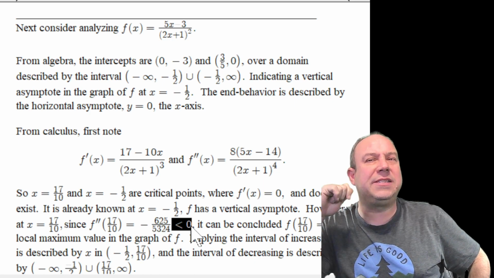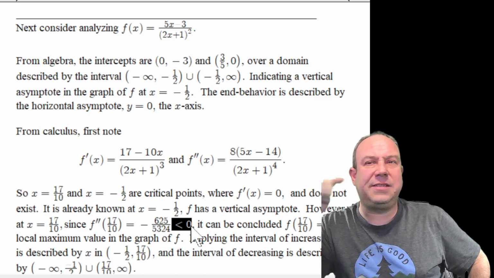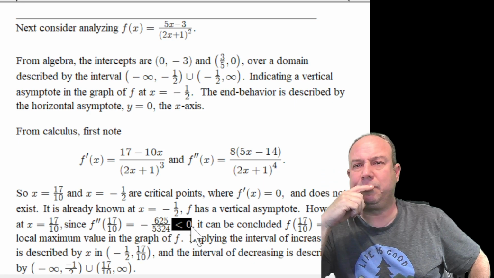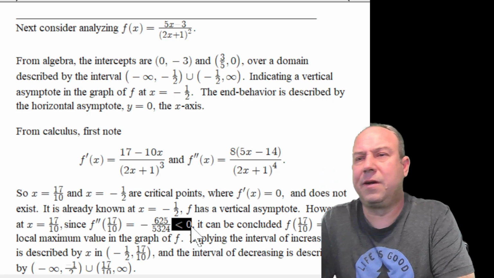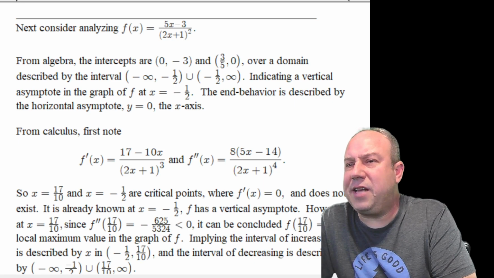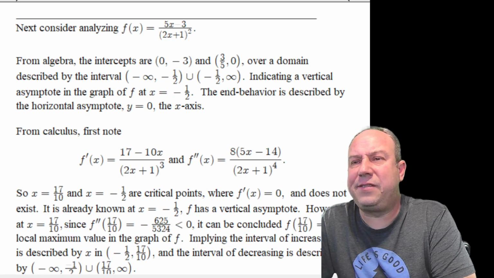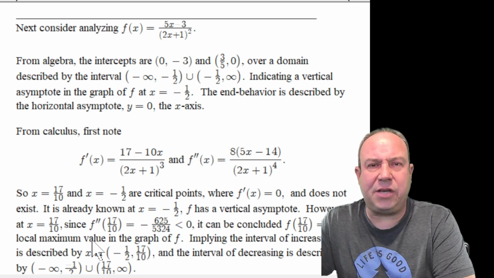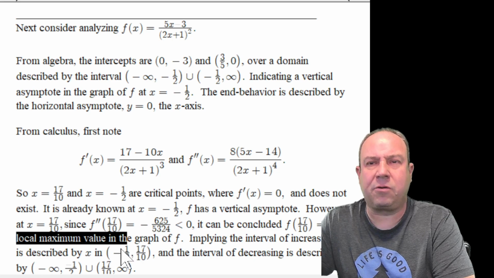At x equal to 1.7, f illustrates a local maximum. F at 17/10 gives us 25/88 if we substitute that into our function, and that is going to become the location of the local maximum value in our graph.